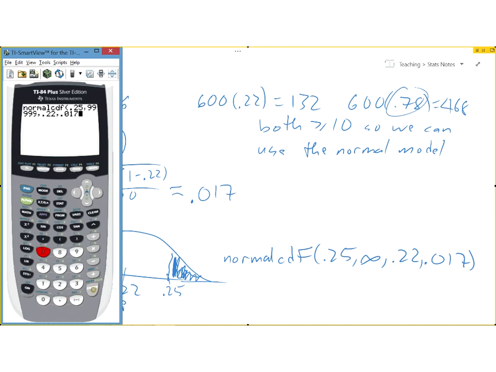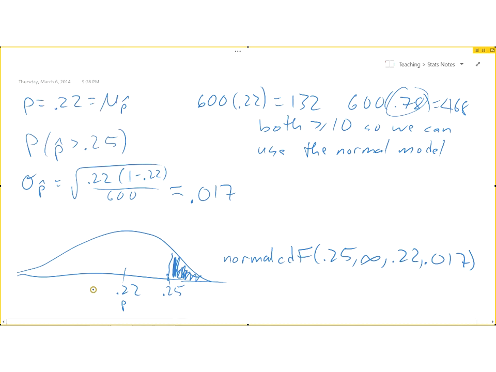Close my parentheses, hit enter. So about 0.039 is the probability. Pretty small. So right here, that would be this right up here, 0.039.